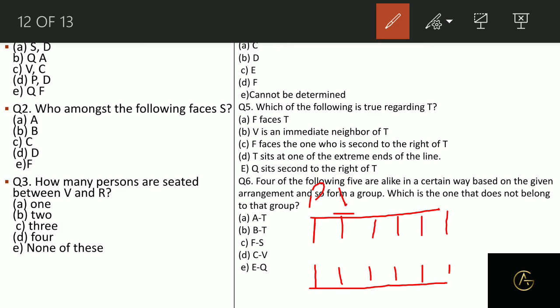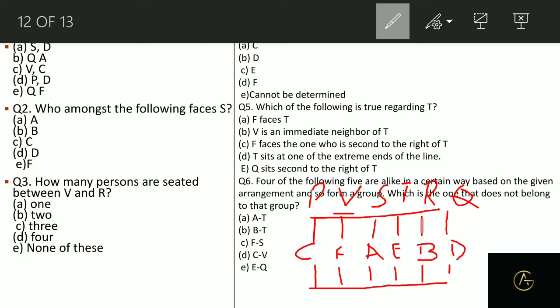P, V, S, T, R and Q. Here are C, F, A, E, B and D.